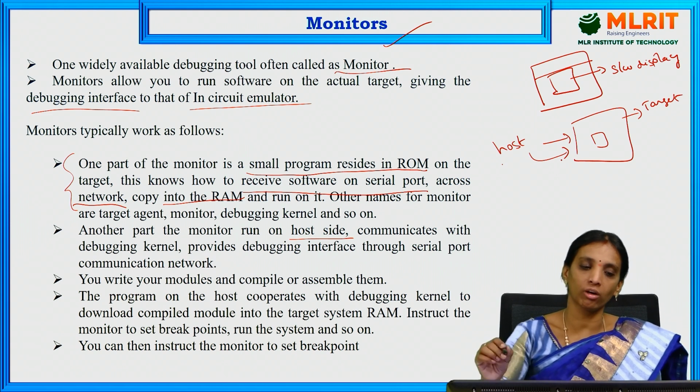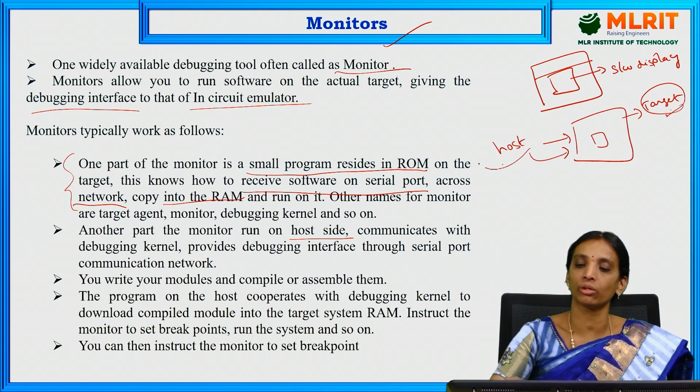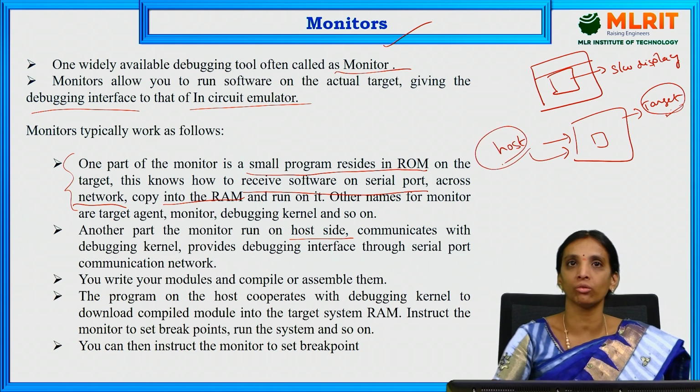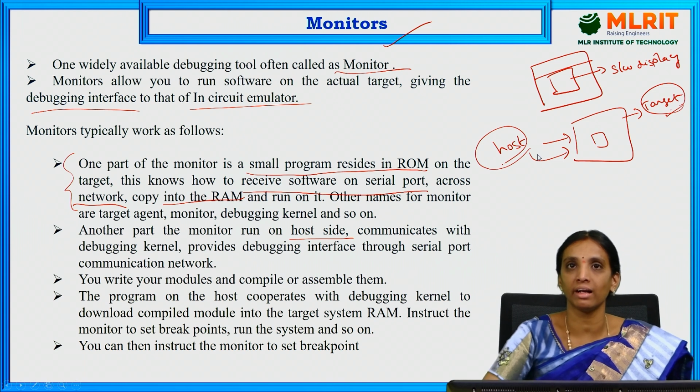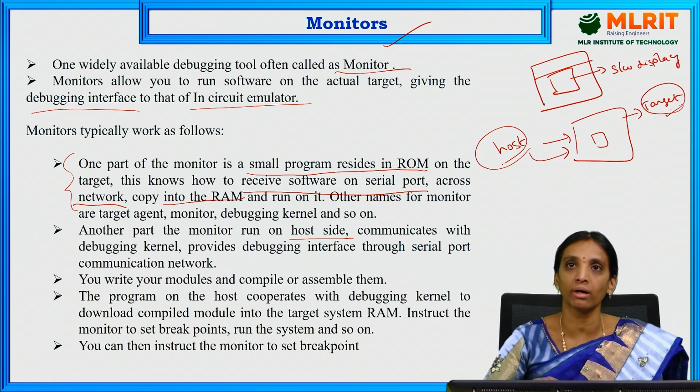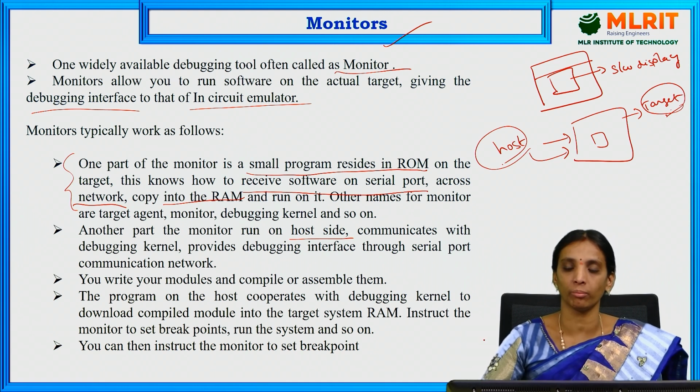One part of the monitor is connected to the target machine, and another part is connected to the host machine, which is used for communicating with the kernel part of the operating system used for our embedded application, through serial port communication.